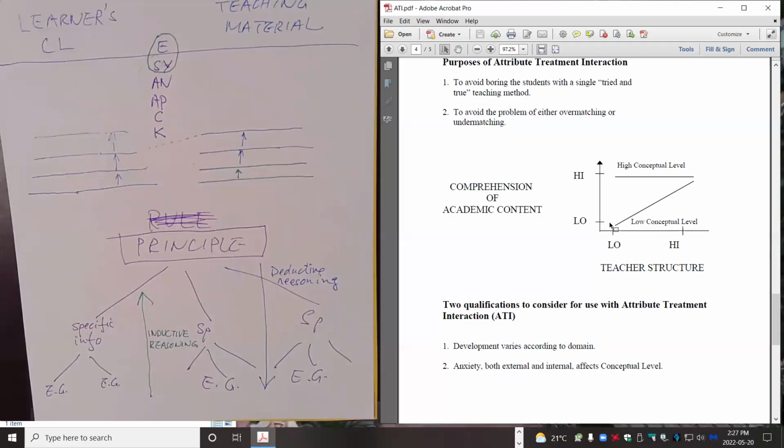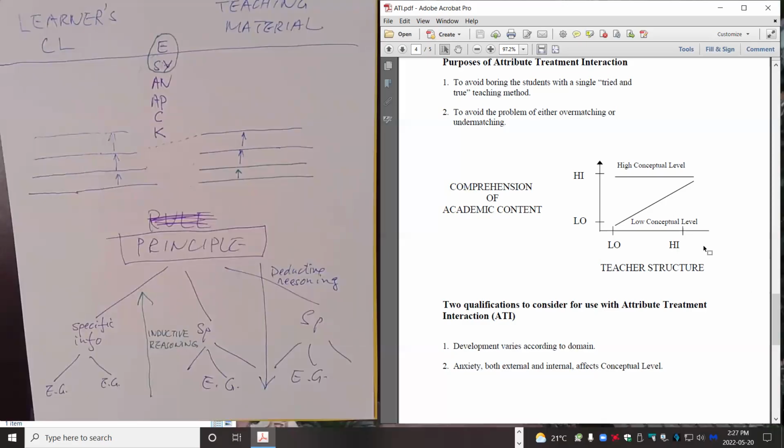So the low CL, then what? When you give them low structure material, they don't understand the content. As you increase the structure of the materials, better understanding.